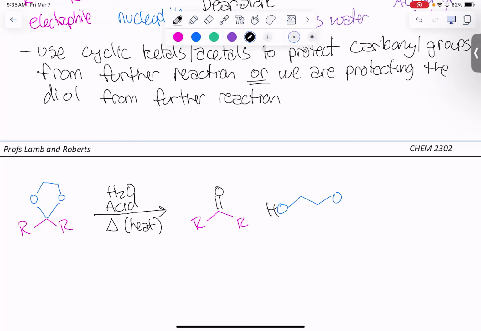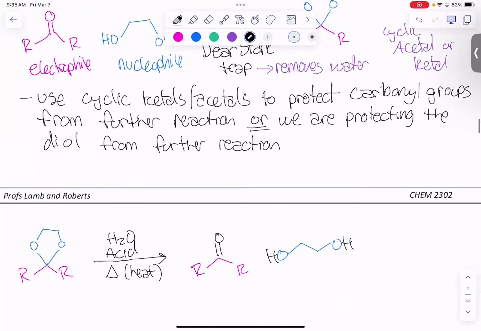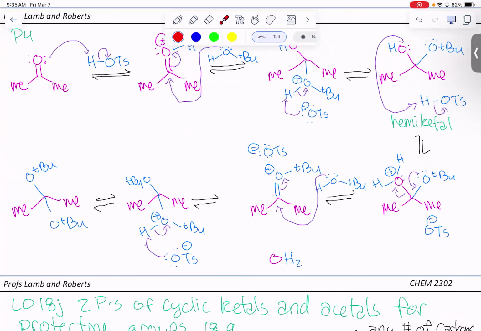All right, well, why is that? That's kind of crazy. We added acid to make this. Why are we adding acid to get rid of it? Well, this is why we reviewed our mechanism, all right? So whenever we have equilibrium, we can always go backwards, okay?